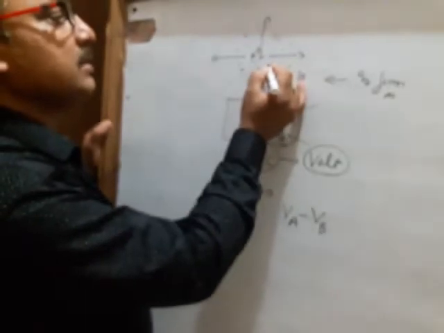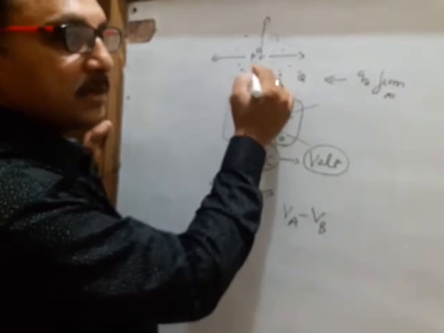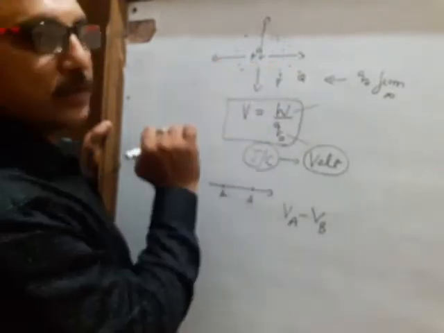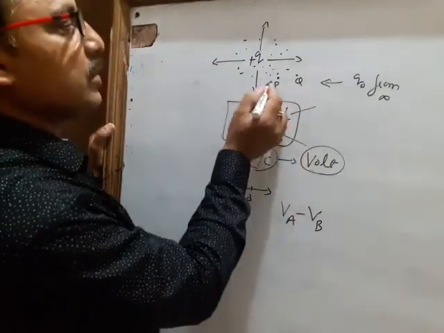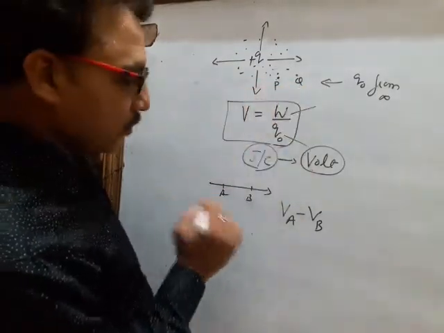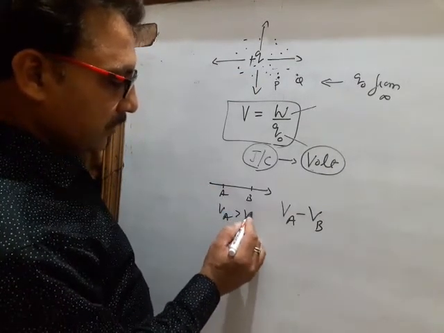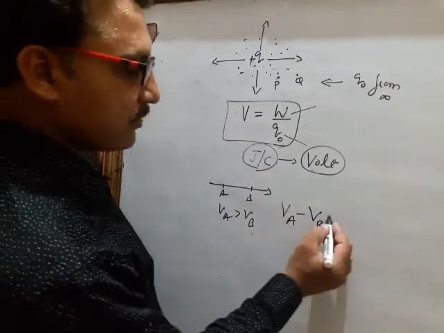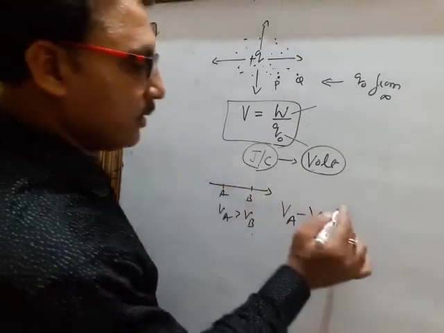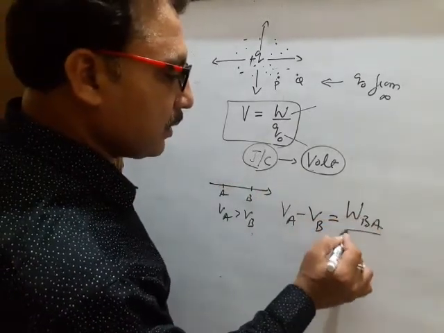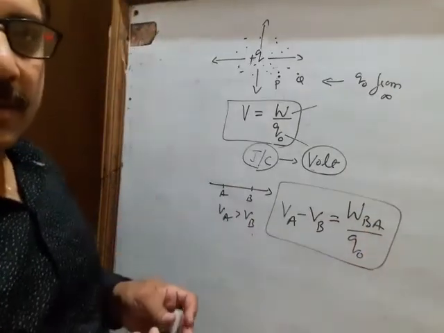If you are nearer to the source of the field, the potential will be high. If you are away from the source of the field, the potential will be low. So potential at P is greater than potential at Q. Likewise, VA is greater than VB. So VA minus VB is equal to the amount of work done in bringing the charge from B to A. So this is W BA upon Q naught. This is the formula for potential difference.